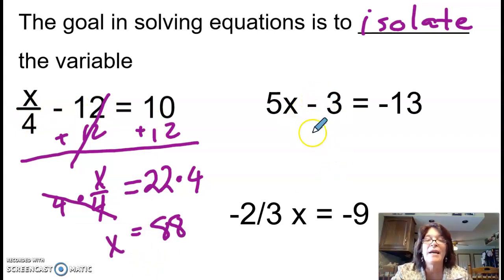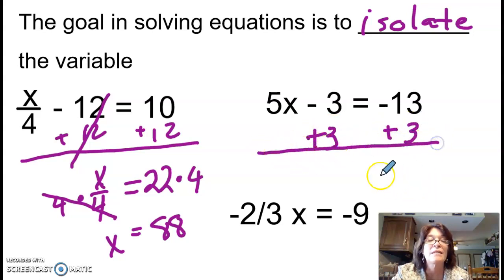Okay, so here I have subtraction again. All right, and sometimes people get confused when there's a negative on the other side. I'm still going to add 3 to both sides, okay? I get a negative 13 plus 3, which is a negative 10. So I have 5 times something is negative 10. This time, what's being done to x is a 5 is being multiplied by it.